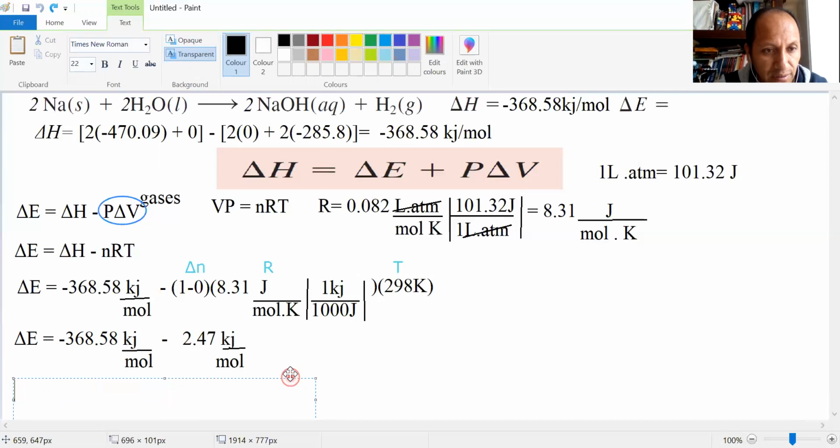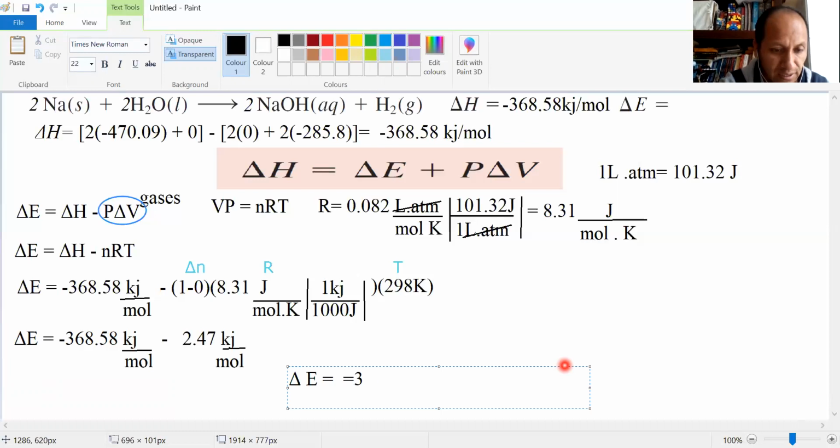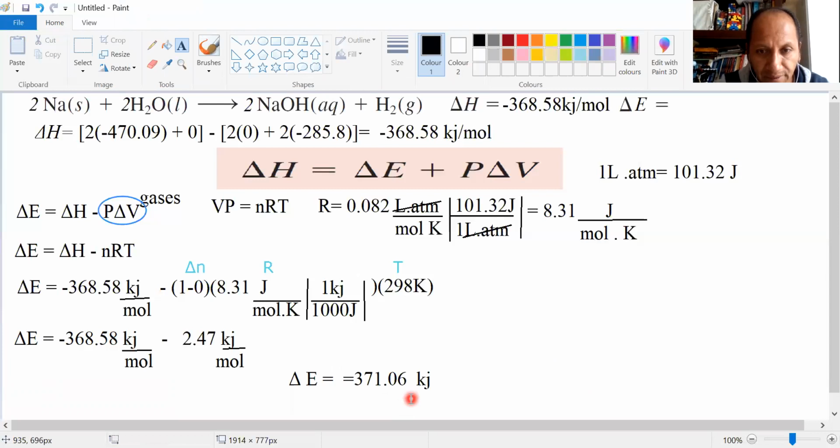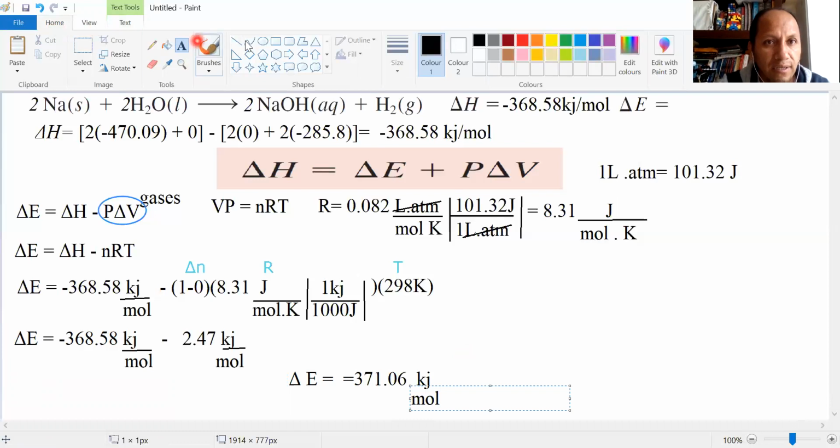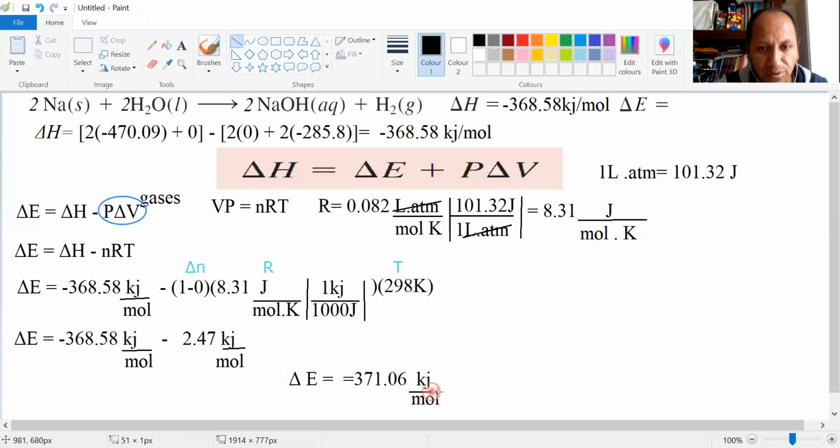At the end, the total energy change, as I said, equals minus 371.06 kilojoules over mole. Okay. Being said that, so that was what I wanted you to do. Sorry, and here there was a minus, so forget about that value, and that's it.